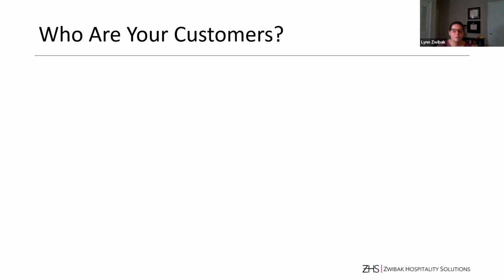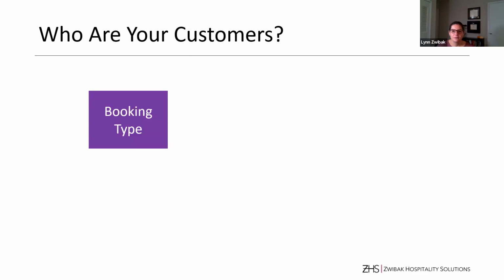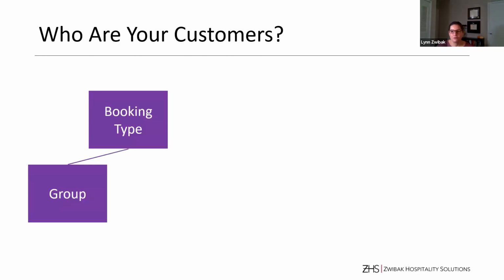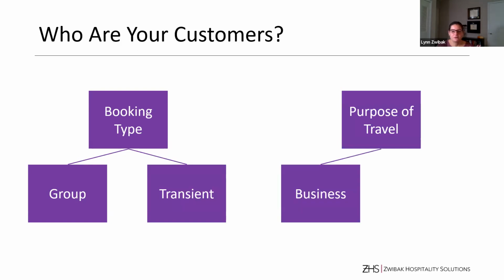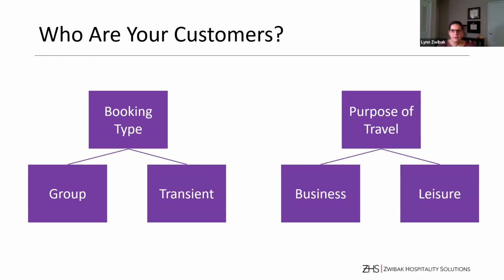Two of the most common are by the booking type, either group or transient, or by the purpose of travel, business or leisure. These different groups start to represent those price points on the triangle and the different prices and rooms sold that you're going to offer.